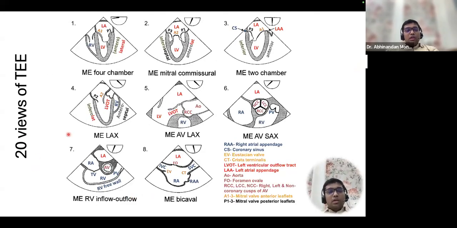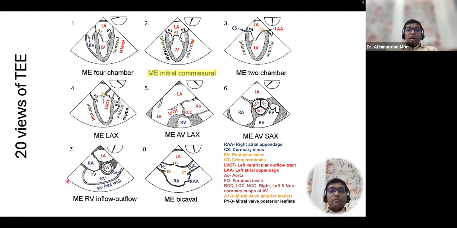In the year 1999, the guideline at first published 20 views of TEE. These 20 views consist of the 11 views that I have already discussed. So what are the views that were added later on?